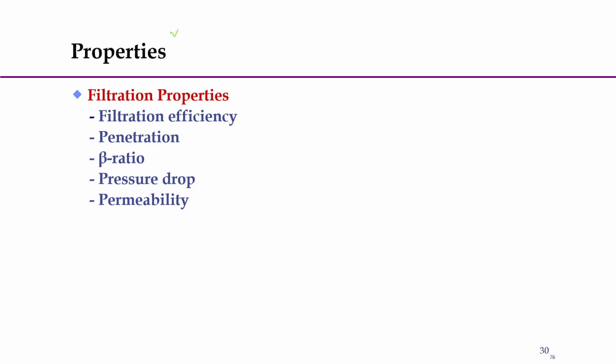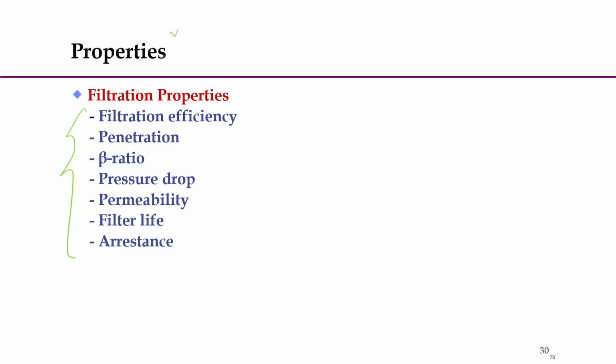We will discuss one by one. Permeability, filter life, arrestance. So, these are the properties which are directly related to filtration efficiency or filter characteristics.